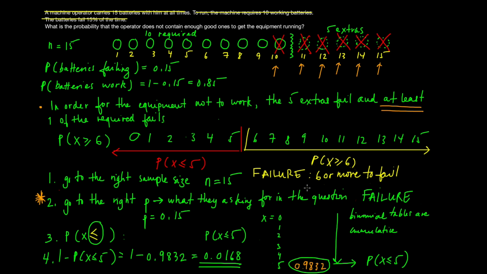But we could also say that if in the PQ I'm using the probability of the batteries working, now notice, watch this. Okay, this is how it's a perfect complement.